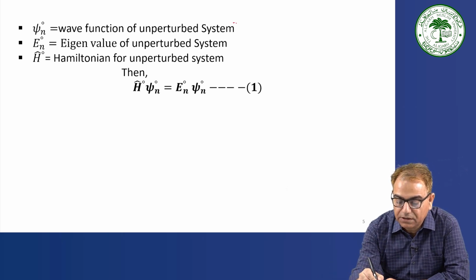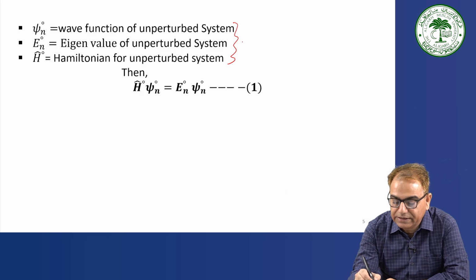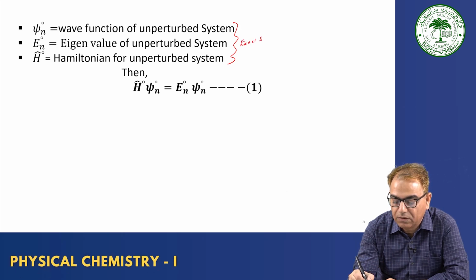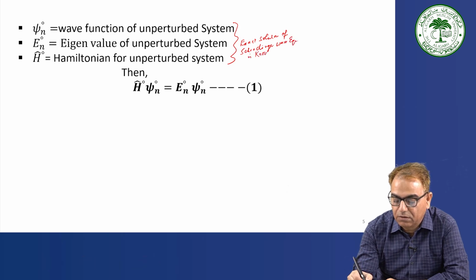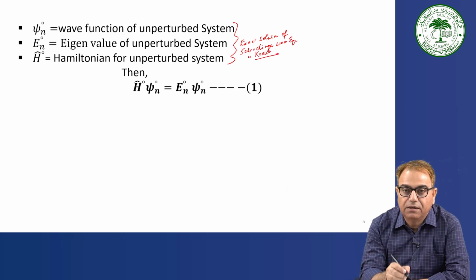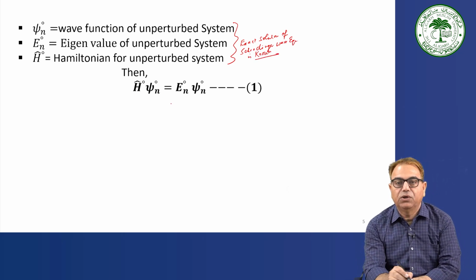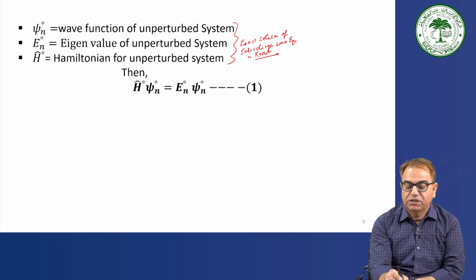Unperturbed system means the exact solution of the Schrodinger wave equation is known. So obviously your original Schrodinger wave equation H psi equals E psi will operate here: H naught psi n naught equals E n naught psi n naught. So this will be applicable.